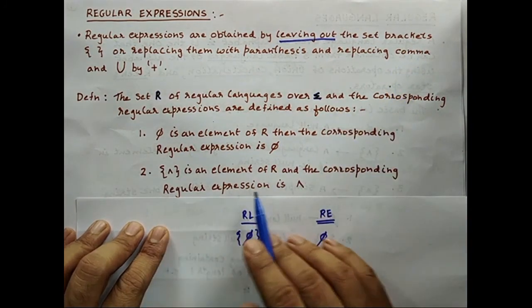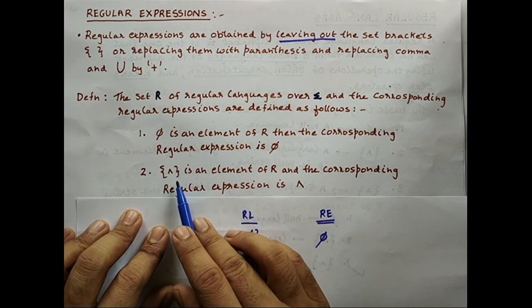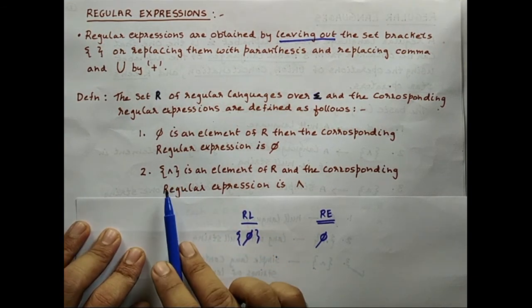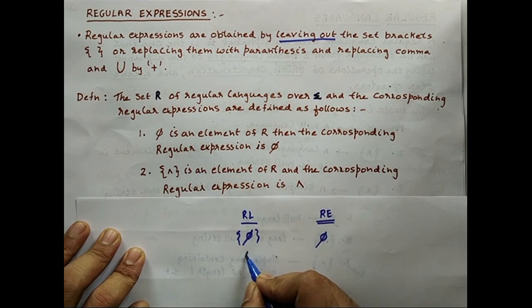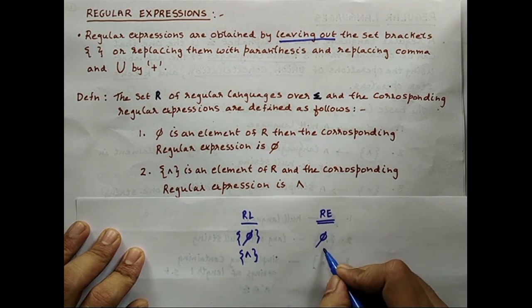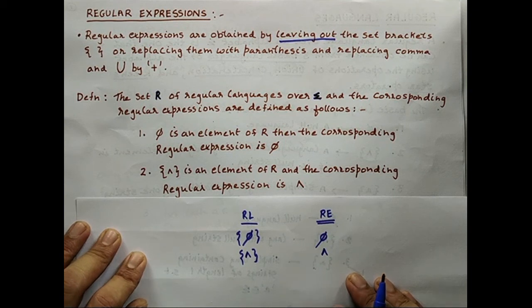The second basic language that we saw is a language with only one symbol, the null string. If this language is a regular language, then the corresponding regular expression will be the null string.